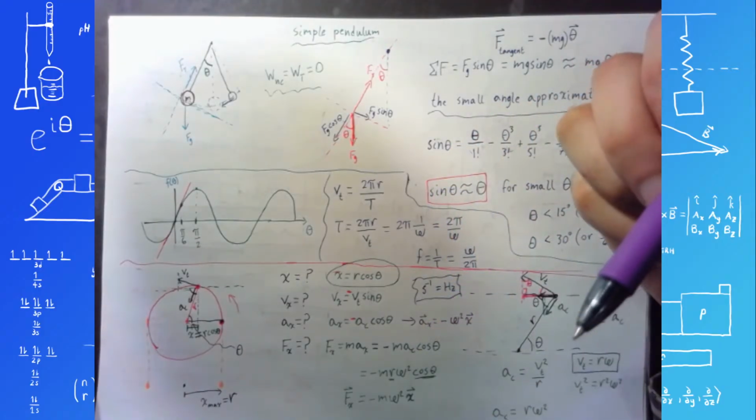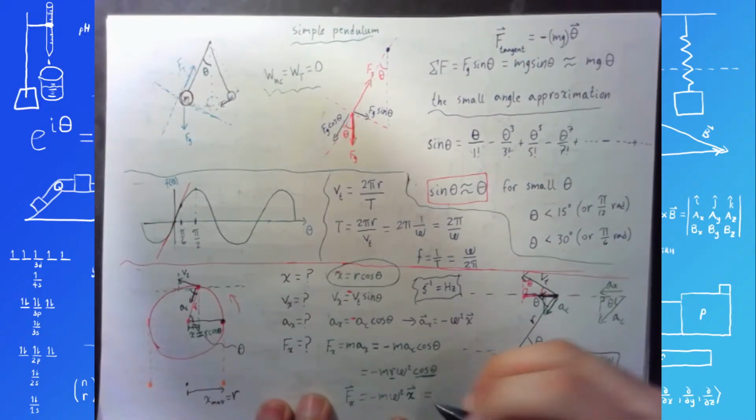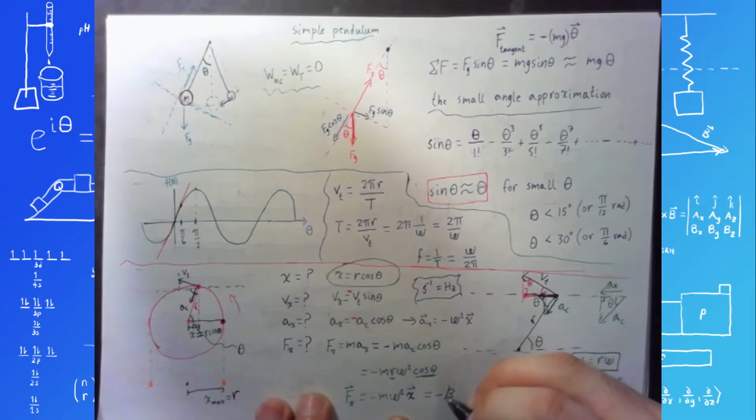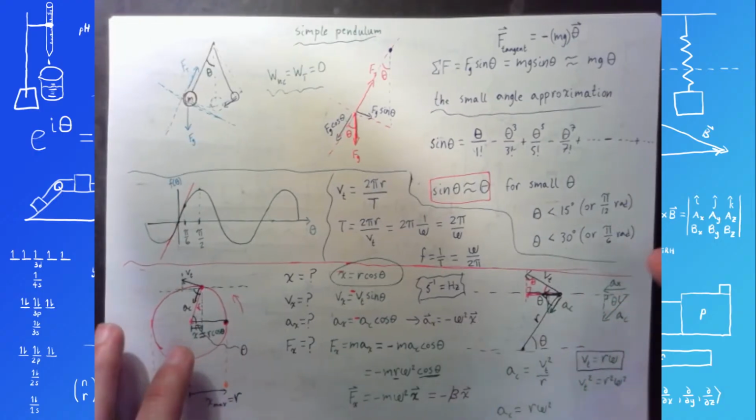Okay, so I think what I can do then is I can say this is of the form negative beta times x, where beta is equal to m omega squared.